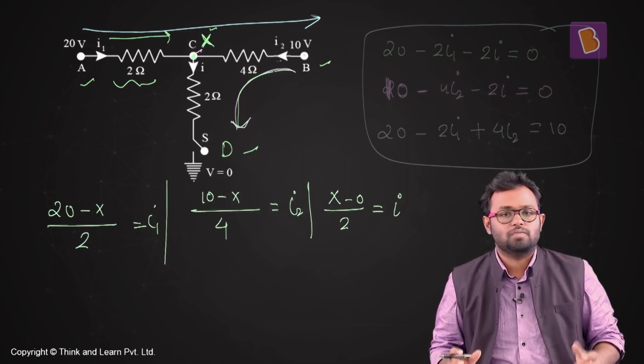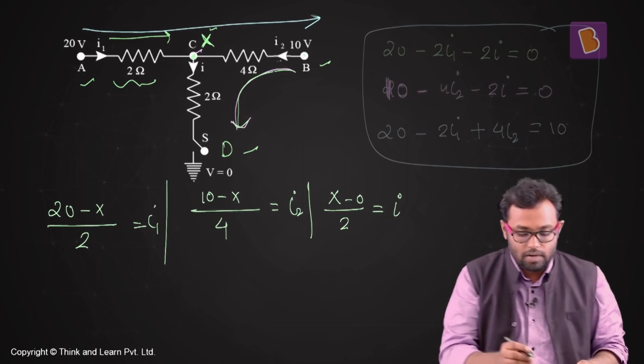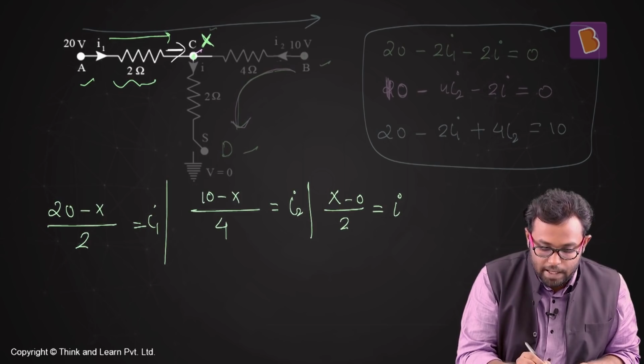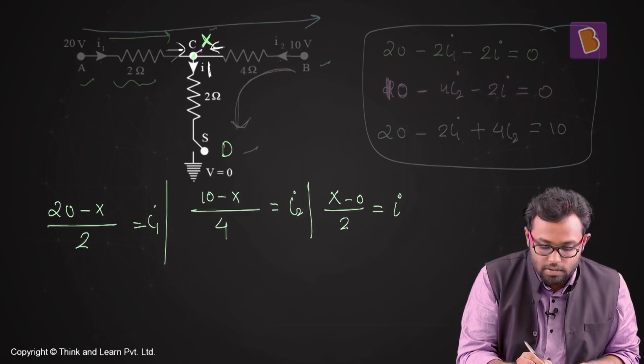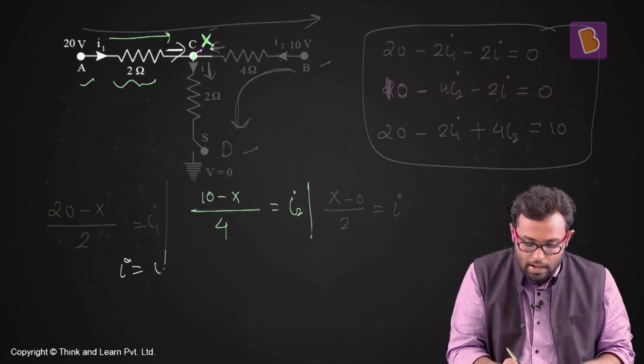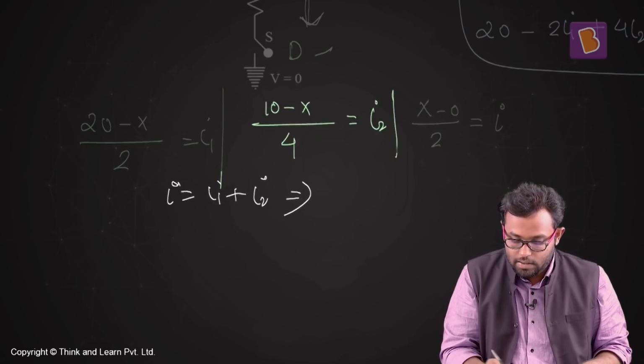And what's that connection? The junction law, Kirchhoff's junction law, which tells us that if you have I1 coming from this end and I2 coming from this end, and at this end you have I, it means that I has to be equal to I1 plus I2.